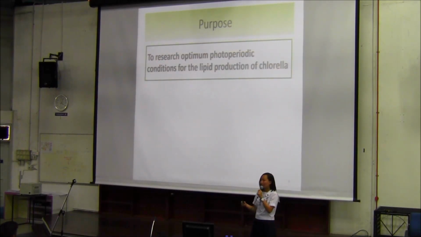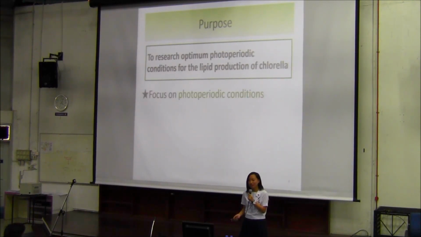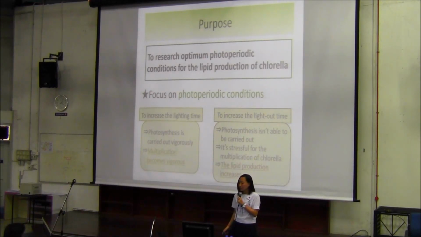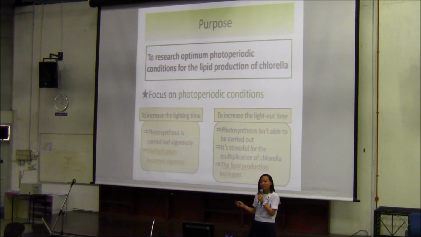I'll tell you our purpose. Our purpose was to research optimum photoperiodic conditions for the lipid production of Chlorella. We focused on photoperiodic conditions. If we increase the lighting time, photosynthesis is carried out vigorously, then multiplication becomes vigorous.